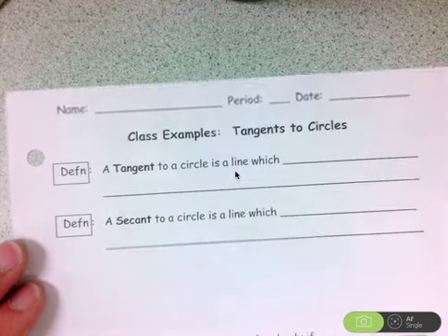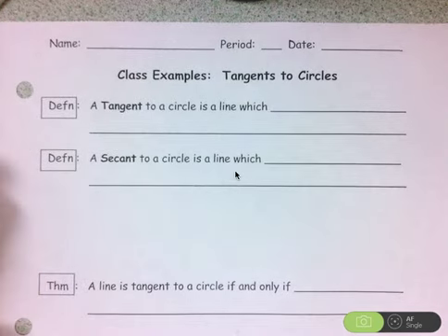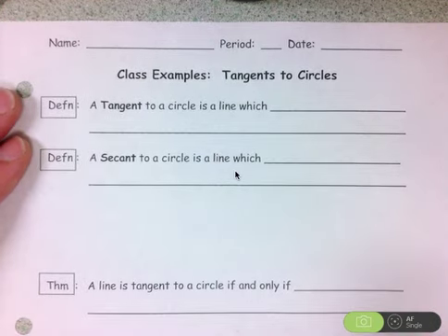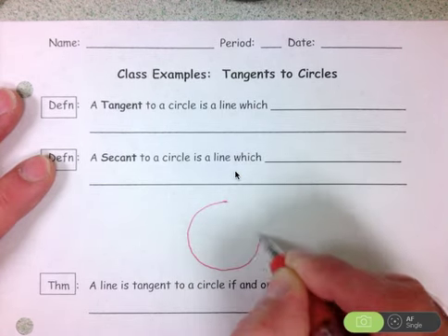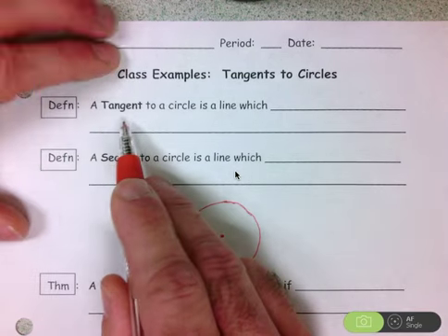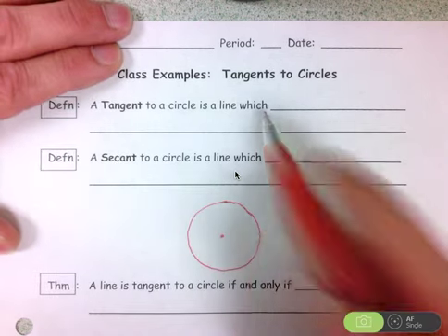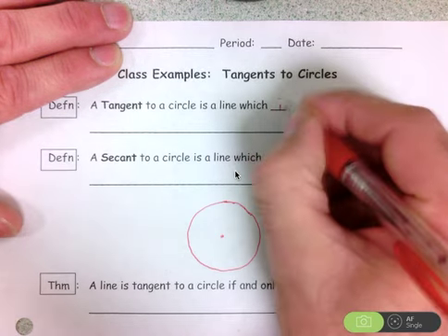That involves looking at these examples, tangents to circles. First of all, we have to figure out what we mean by a tangent. I'll draw a circle here. Here's the center of the circle. A tangent to a circle is a line which intersects the circle at exactly one point.